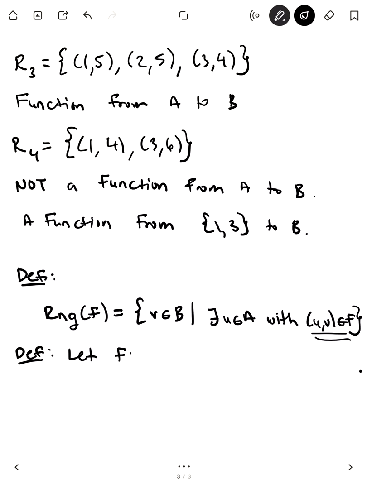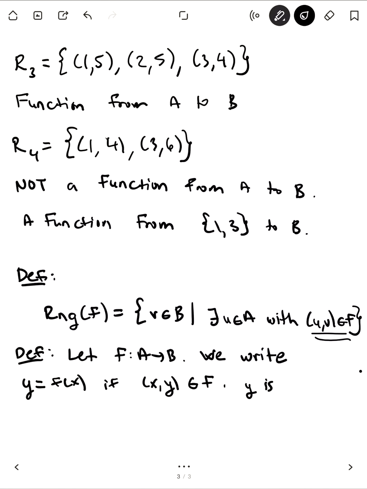So let f be a function from A to B. We write y equals f of x if x and y, the ordered pair (x,y), is an element of the set of ordered pairs in f. y is the value of f at x, okay?